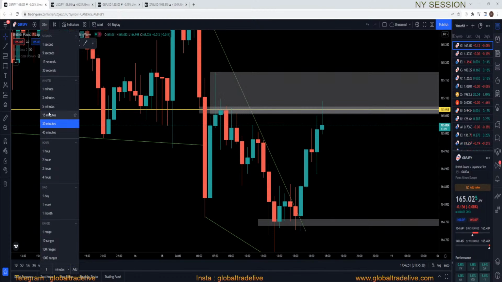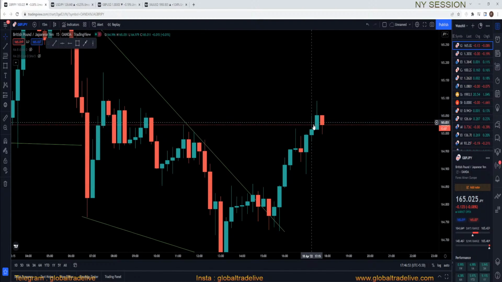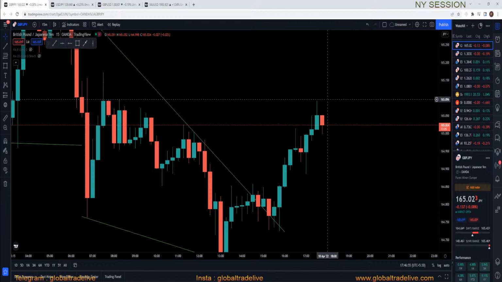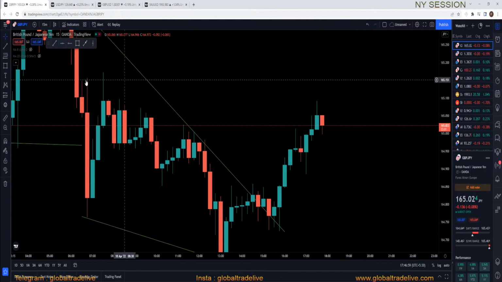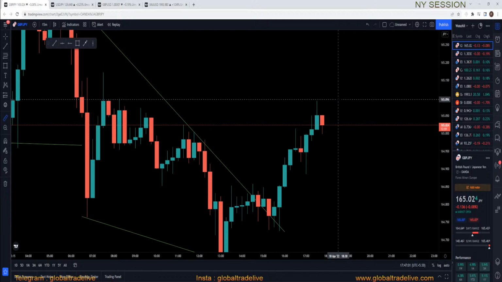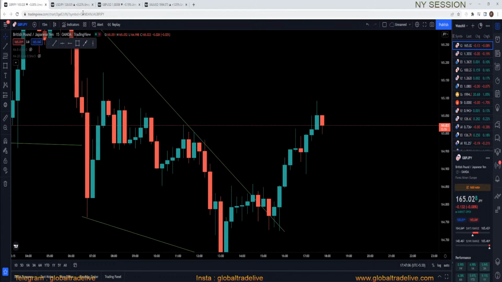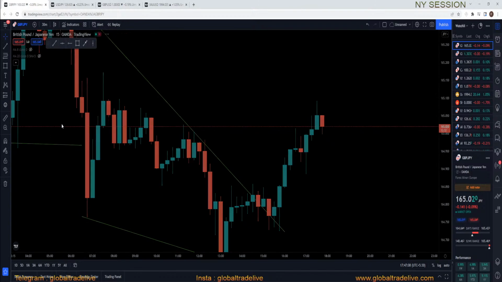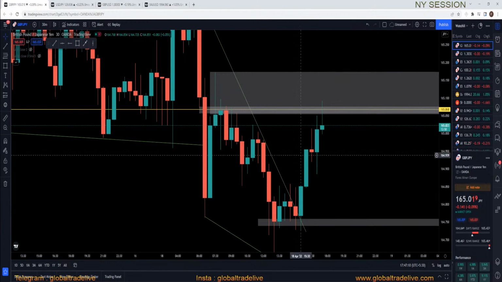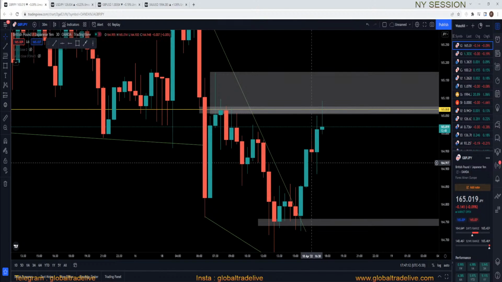Let's have a look at the 15 minutes. Will it go up again, break the high, and continue to move up? Can that happen? I think I'm going to wait. Yeah, I'm going to wait for the 30-minute candle to close first.